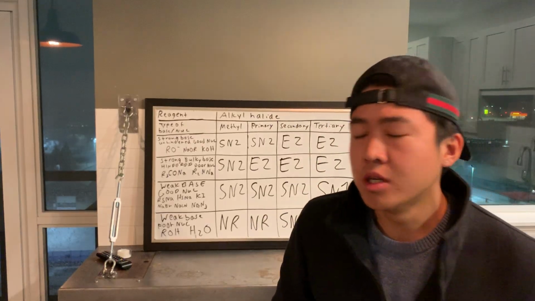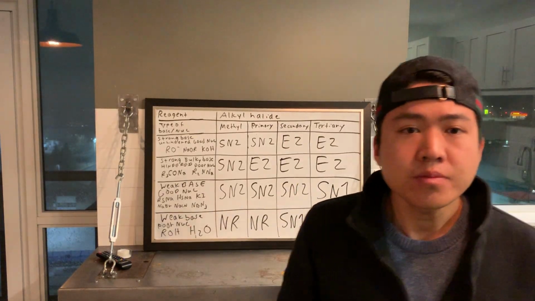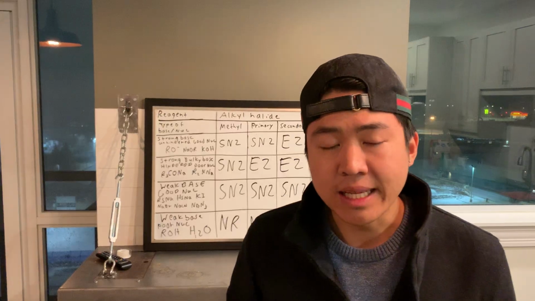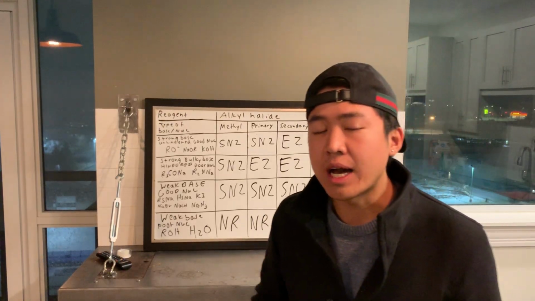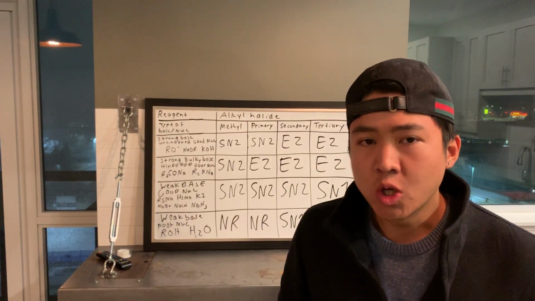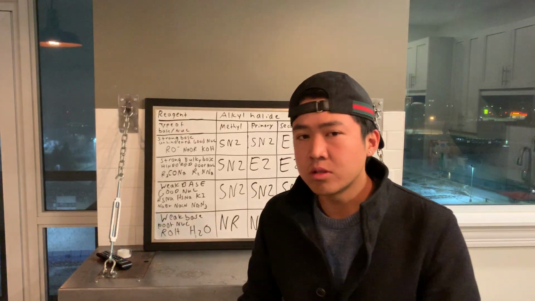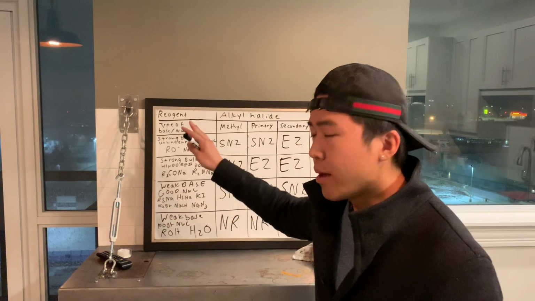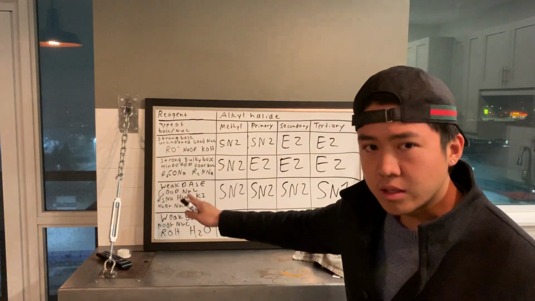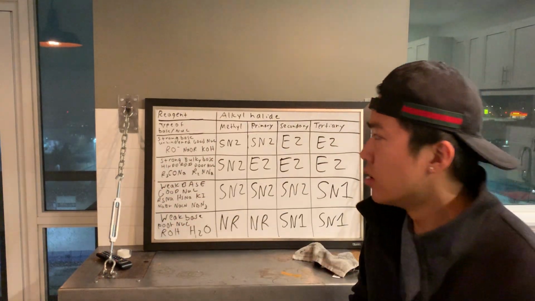Negatively charged. It can act as a base or a nucleophile. So something that's negatively charged can be classified as a base or a nucleophile. It could either be a good base or a good nucleophile, and we'll discern that in this column right here.